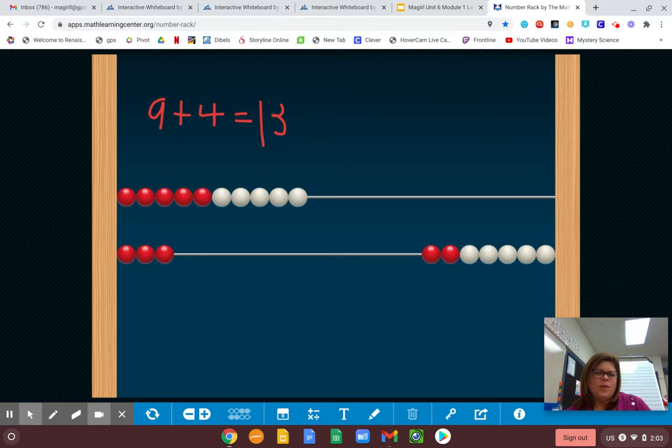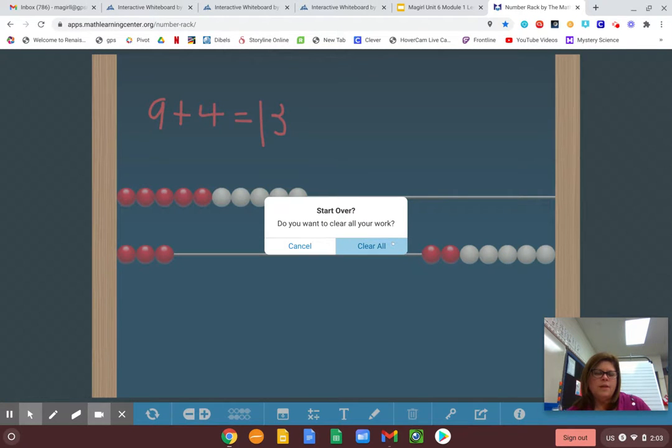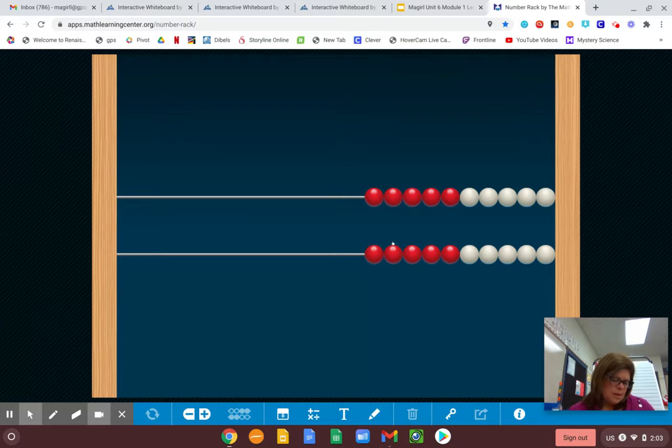Okay, one more, and then we'll be done. Try this one. 9 plus 5. So the penguin goes out and it eats 9 fish for breakfast. Then he goes back out and he eats 5 more at lunch. I want you to write the equation and solve it.